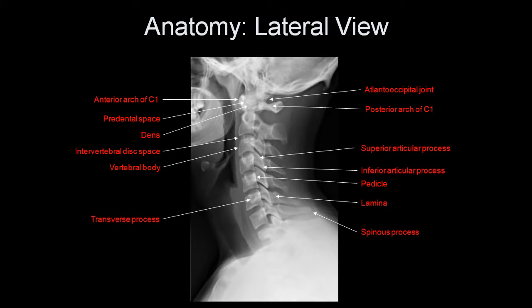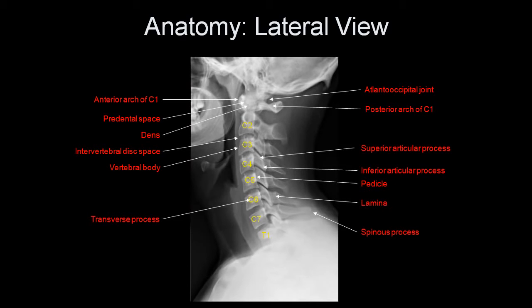On the lateral view, some things to be aware of are the anterior arch of the C1 vertebral body, the predental space, which is the space between the anterior arch of C1 and the dens, the intervertebral disc spaces, the vertebral bodies themselves, the transverse processes which project over the vertebral bodies, the spinous processes, the lamina, the pedicles, the inferior and superior articular processes, the atlanto-occipital joint, as well as the posterior arch of C1.